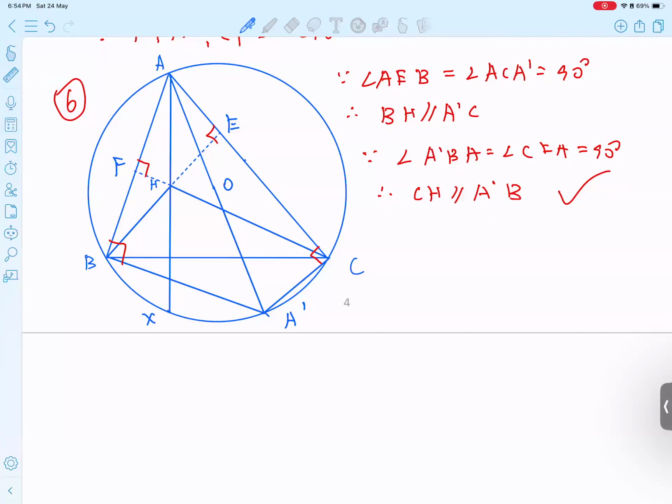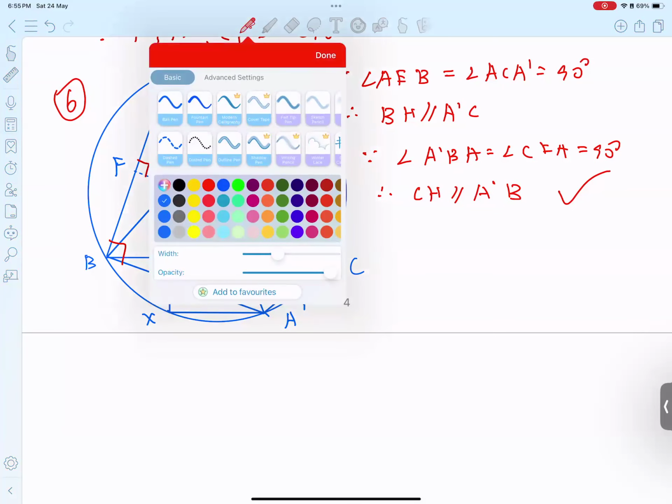Again, it is not too hard to see. So I'm going to be using the antipode, because A dash is the antipode since AA dash is the diameter. Whenever there's an antipode pair like this, you have a lot more 90 degrees, and it would be very useful to consider them.